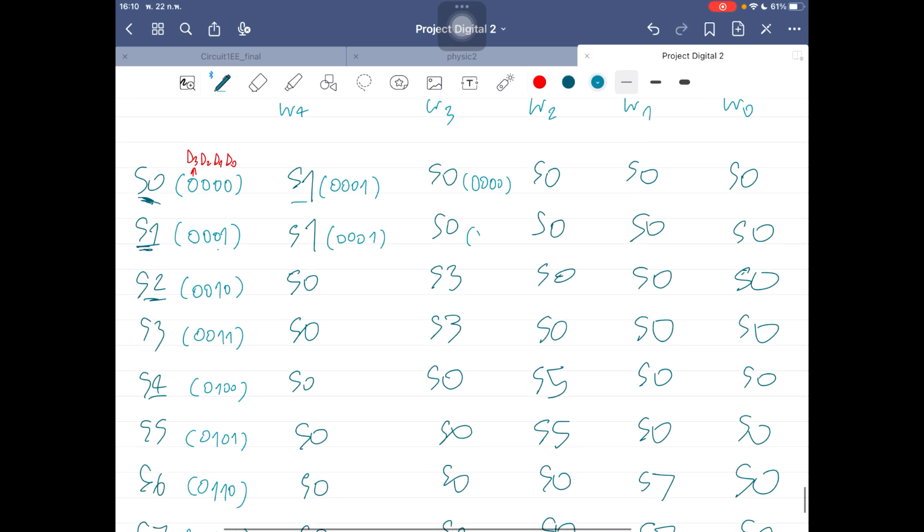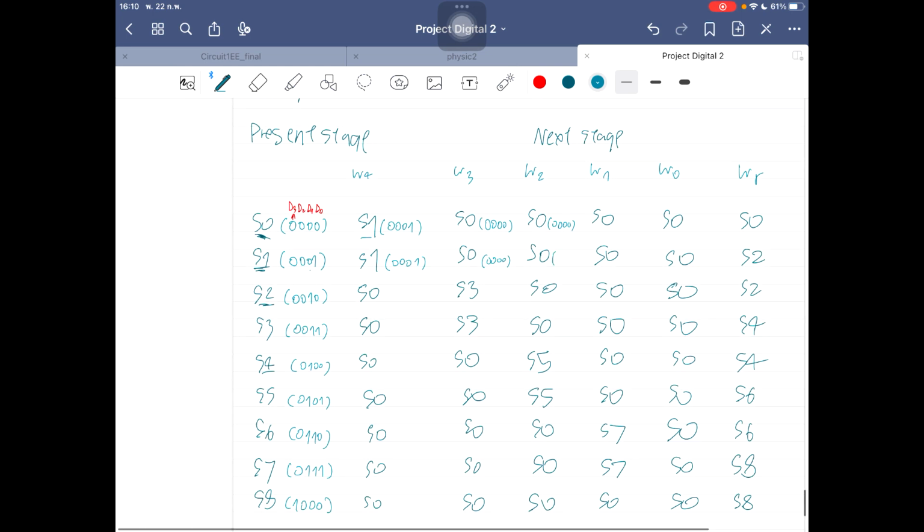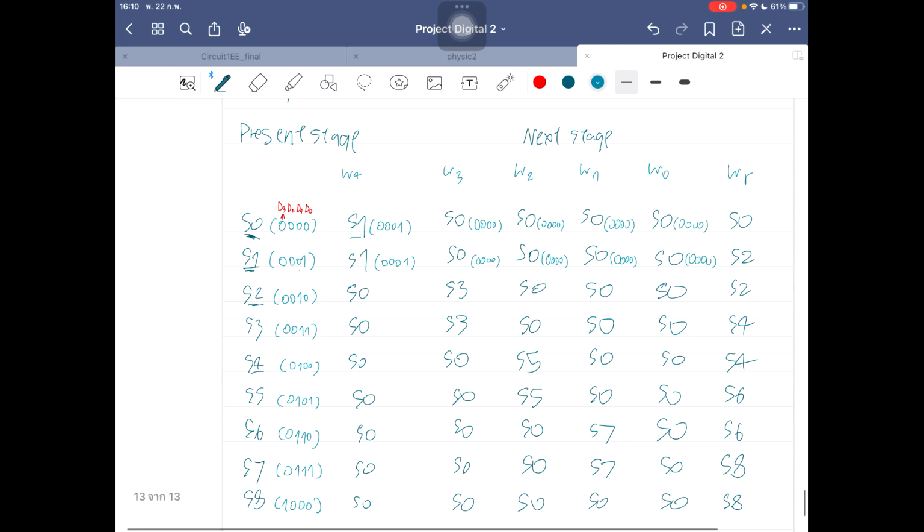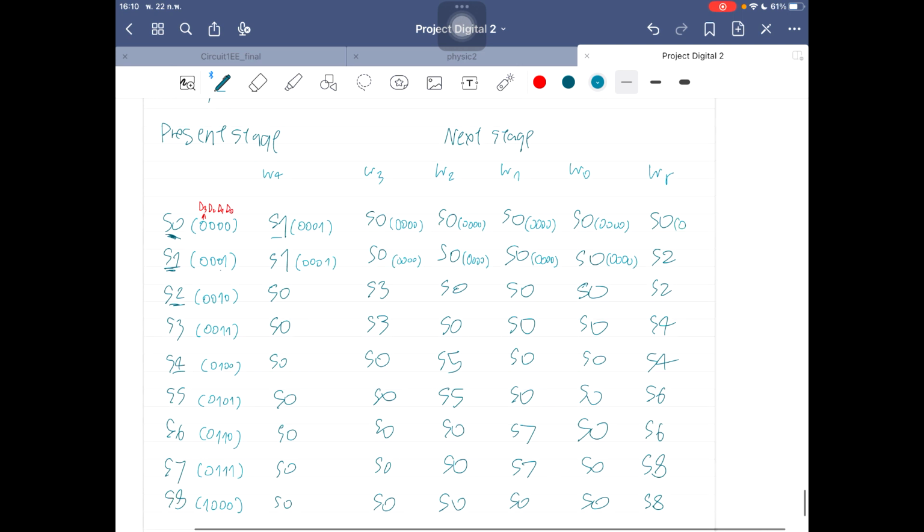State 0 is named 0, then write it all in the next state. Here, when you know the state name in state 2, then write it in state 2 here.